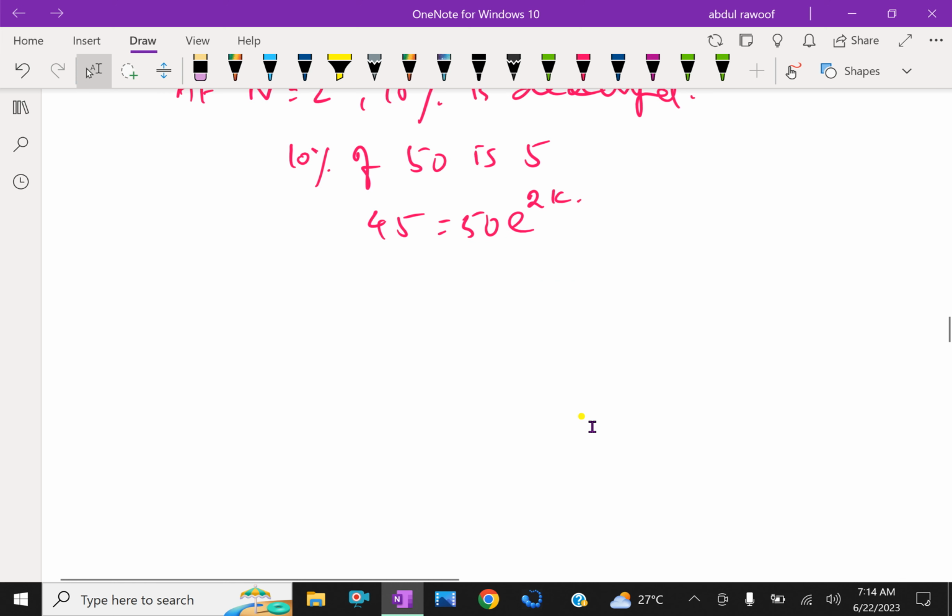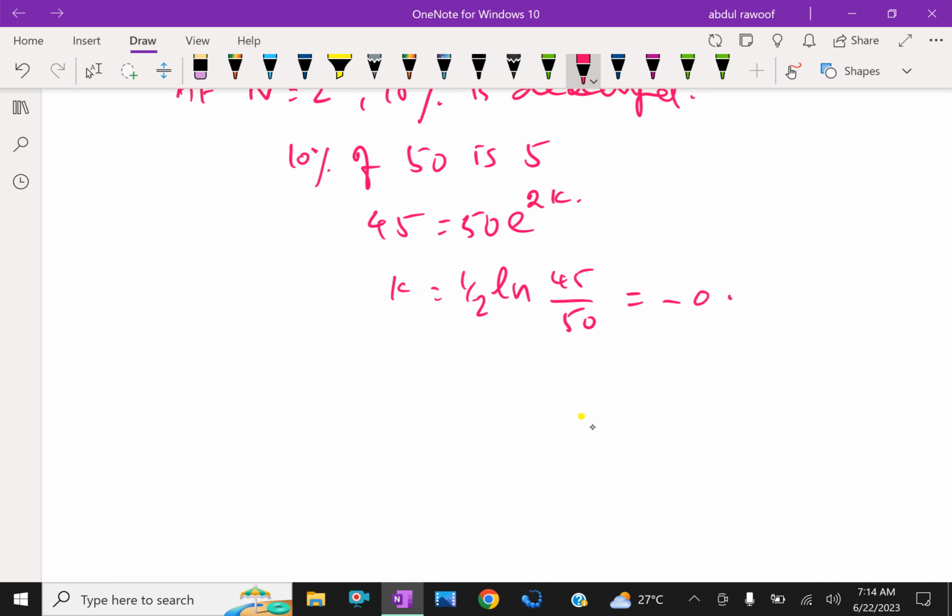From this, we can get the k value. k equal half ln of 45 over 50, which gives minus 0.053, by using a calculator.